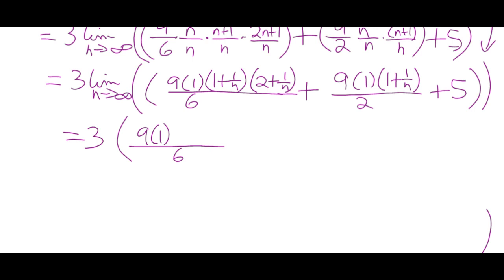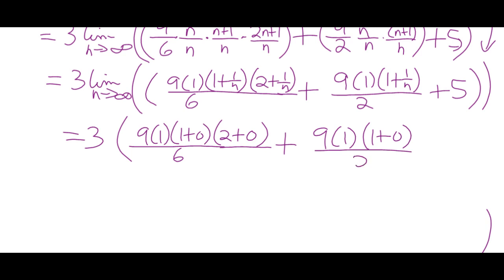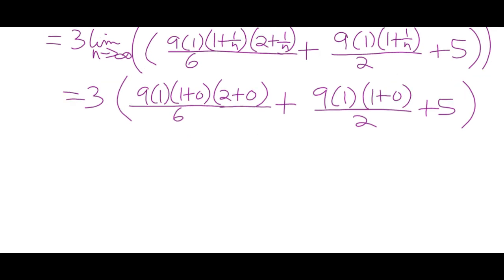So 1 plus 0 times 2 plus 0, plus 9 times 1 times (1 plus 0) over 2, plus 5. Okay, so all we've done now is taken the actual limit. So as n goes to infinity, this becomes 0, this becomes 0, this becomes 0. Everything matches up. So if you're looking through it, you can say, okay, that matches with that. It's all present and accounted for.